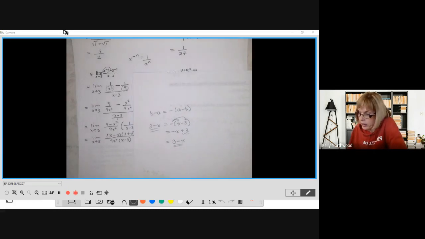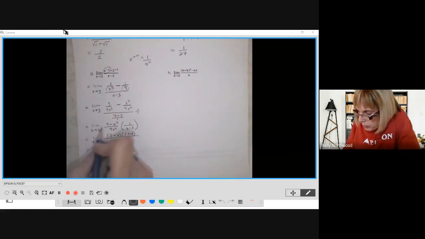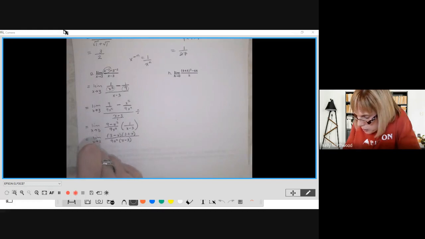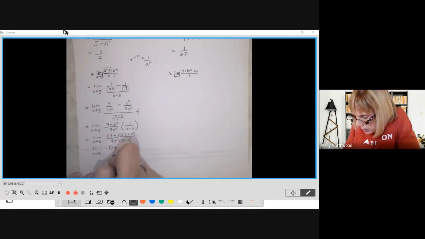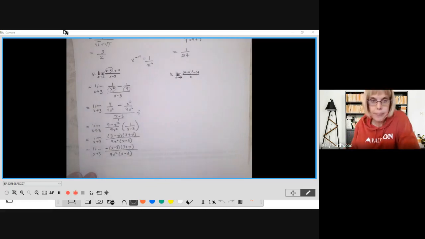So I'm going to use that now, my next step. I'm going to change this to the limit as x approaches 3 of negative (x minus 3) times (3 plus x) over 9x squared times (x minus 3).